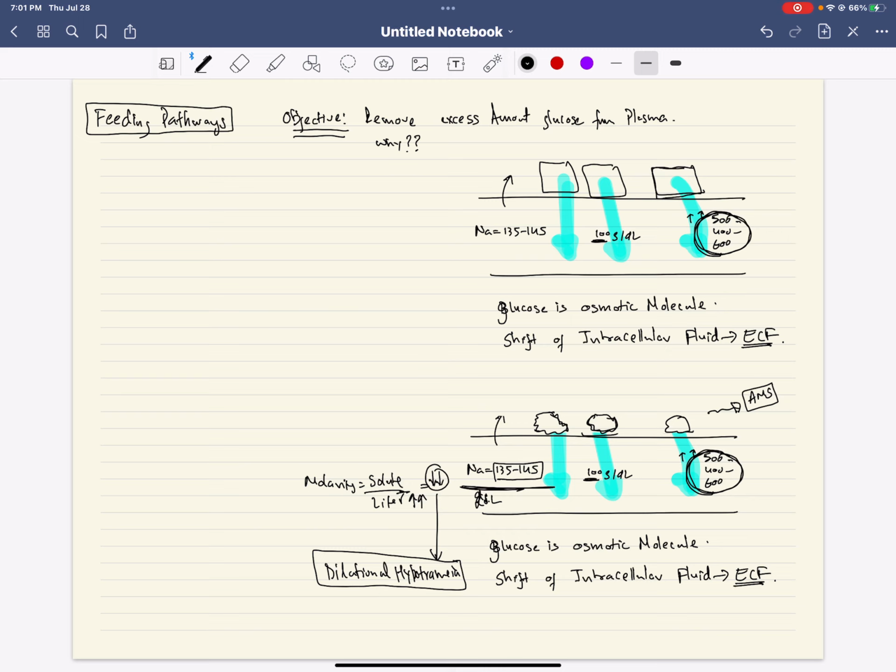So what does our body do to maintain homeostasis? Through hormonal mediated pathways, right?